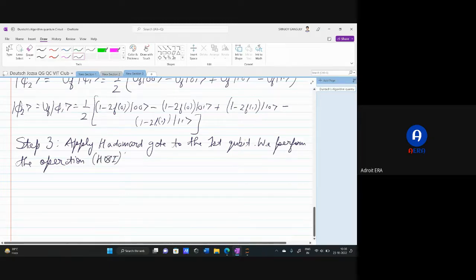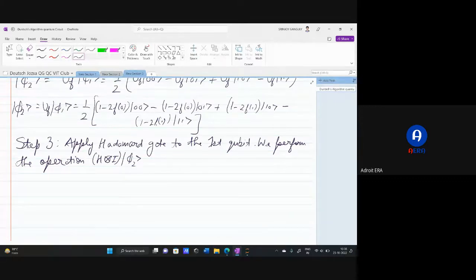Just have a look at the circuit and check for yourself that it is H tensor I, because H is on the first qubit. Hadamard is applied to the first qubit in the third step. And I is the second one, because we are not doing anything to the second, and not doing anything means applying identity. Therefore, we are going to do H tensor I to ket phi 2.